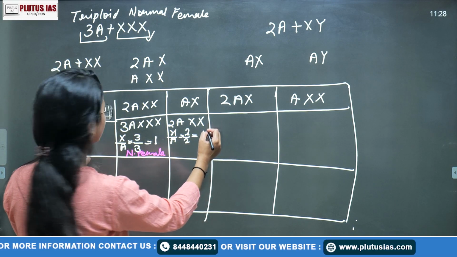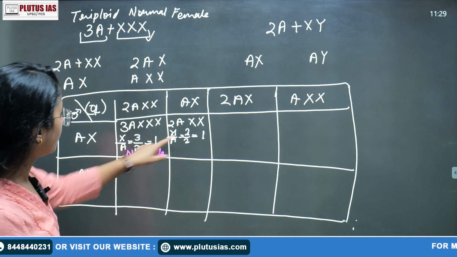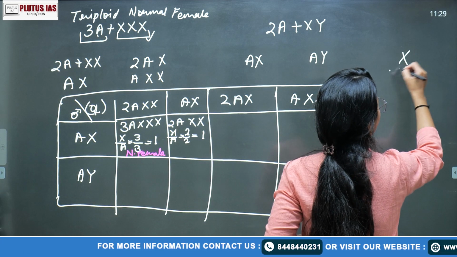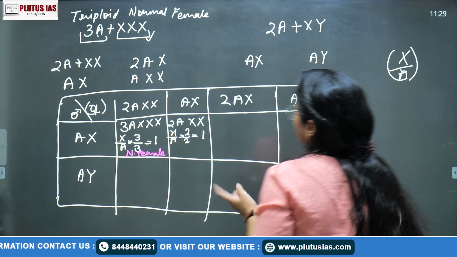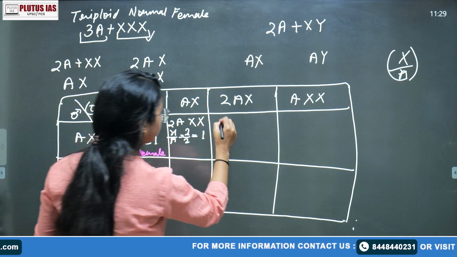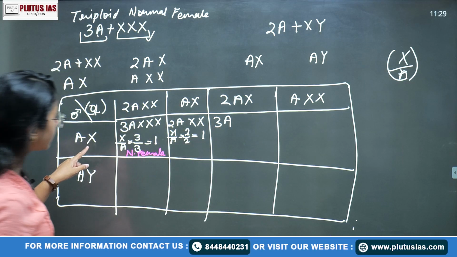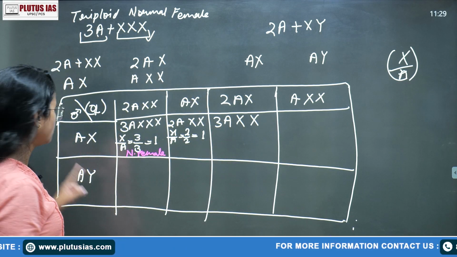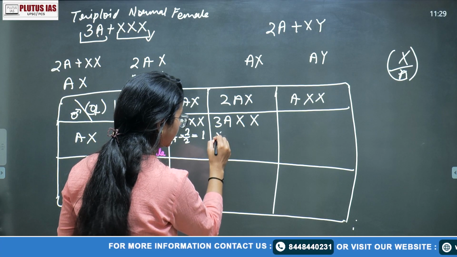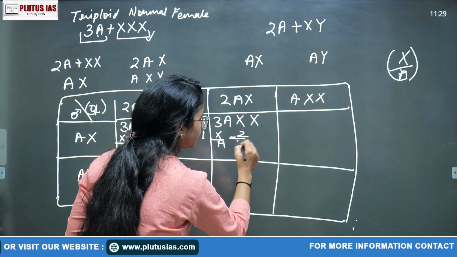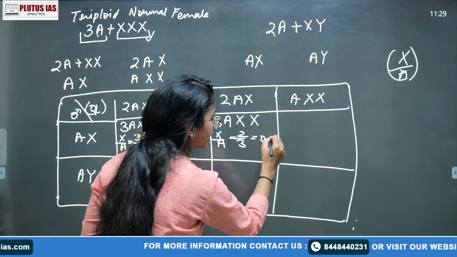Then again, look here at what is happening. We are taking X on top. Do not forget that. Here we are talking about the X upon A ratio. Do not take the A upon X ratio. So here 2A and A, so that will be 3A, but X is only 2. So from here the X upon A ratio will be 2:3. That means it is around 0.6.